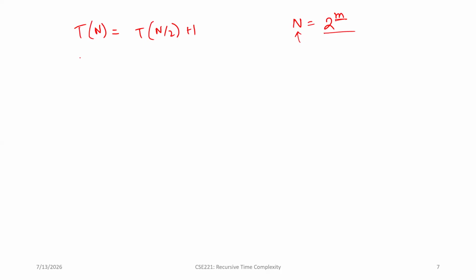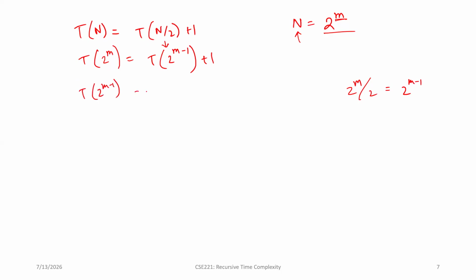All right? So the equation rewrites as T of 2 to the m is equal to T of 2 to the m minus 1, plus 1. This is actually dividing n by 2: 2 to the m divided by 2 is 2 to the m minus 1. And T of 2 to the m minus 1 continues forward: T of 2 to the m minus 2, plus 1.